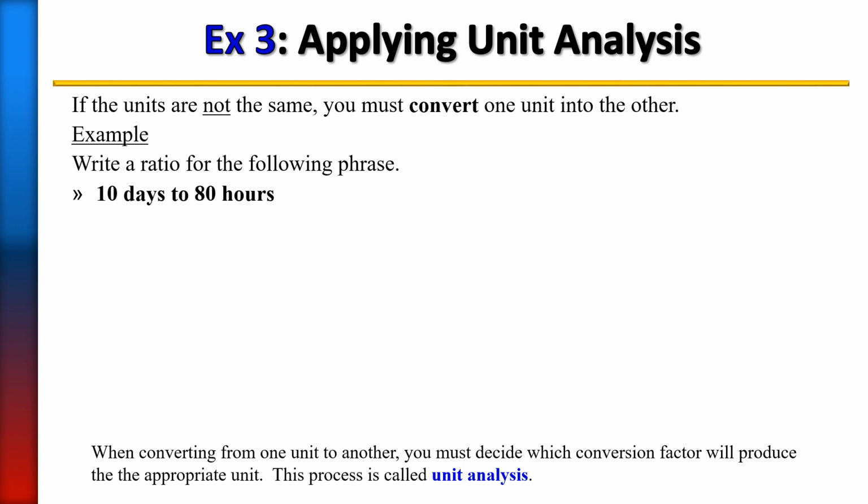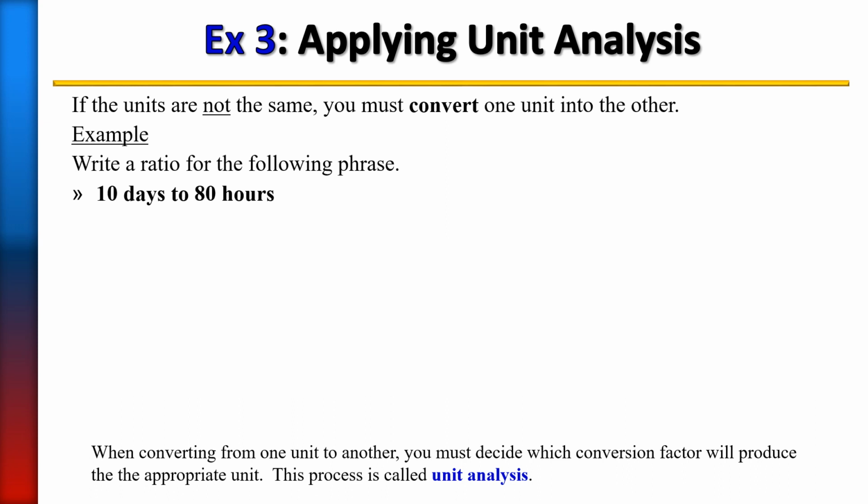So here we want to write a ratio for 10 days to 80 hours. What we can do is turn those days into hours so that we'll have hours on top as well as hours on bottom.